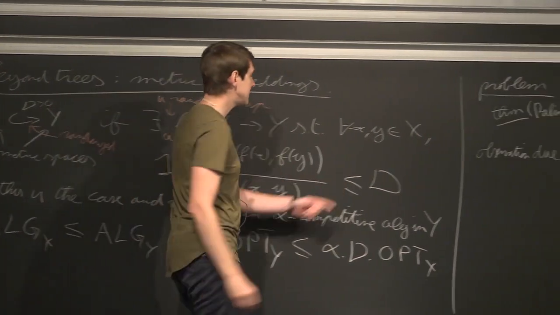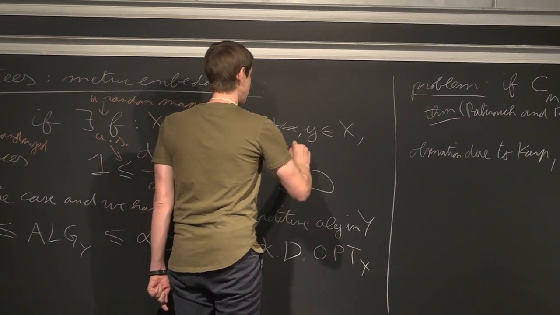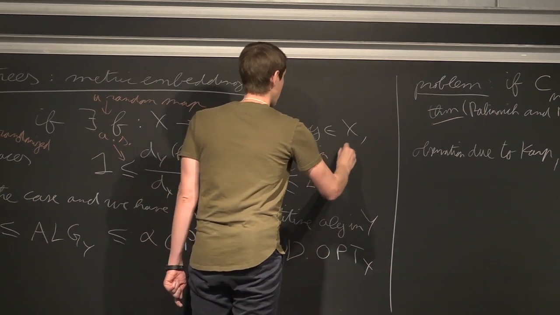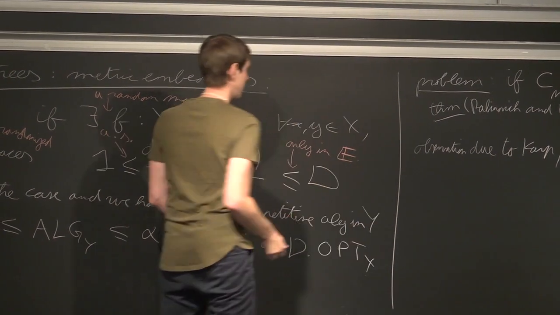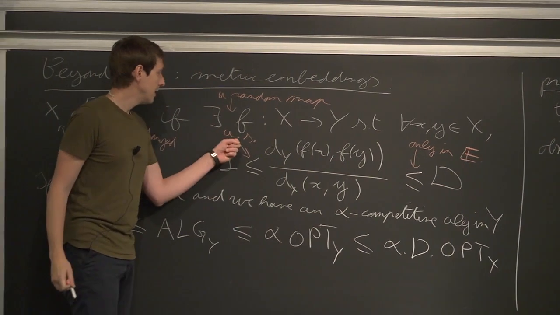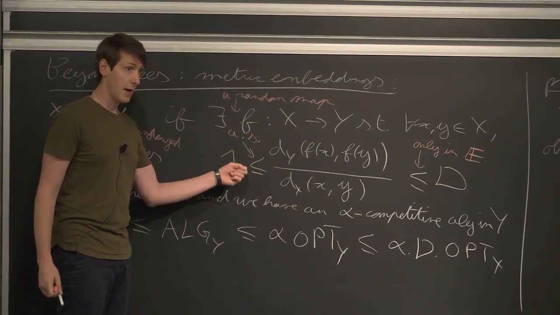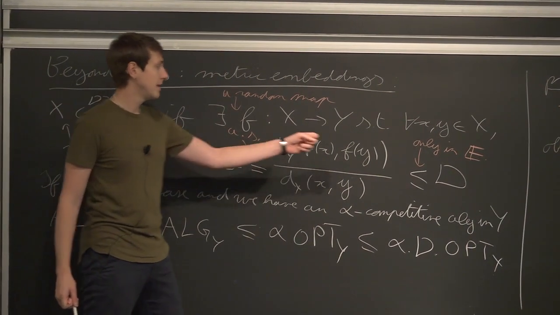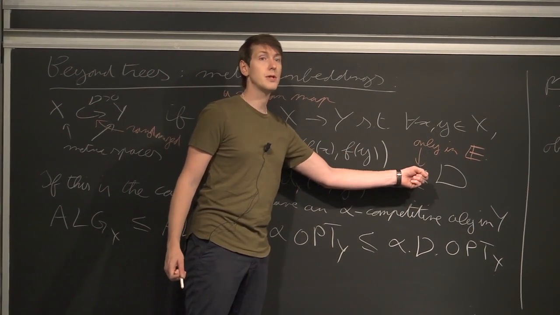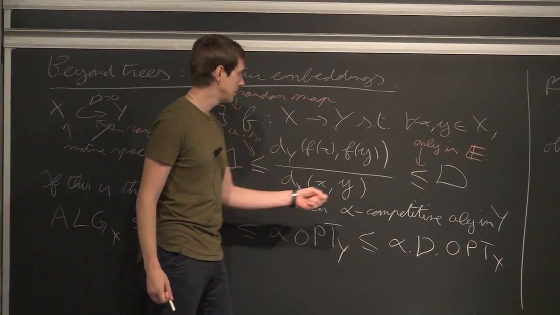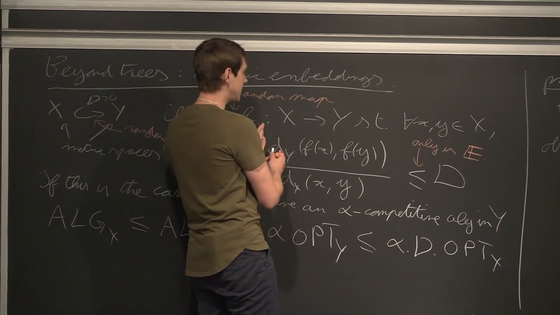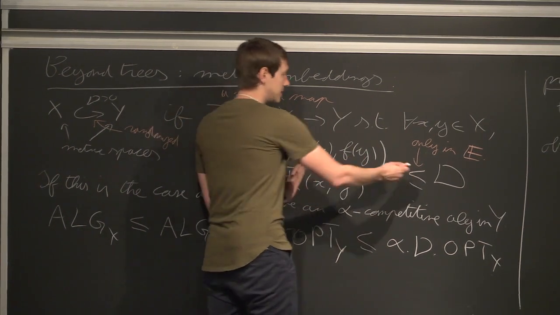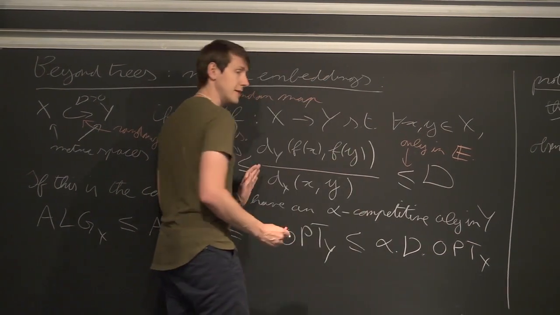But now I want the other inequality only in expectation. By that I mean the expectation of the distance in y is smaller than capital D times the distance in x.